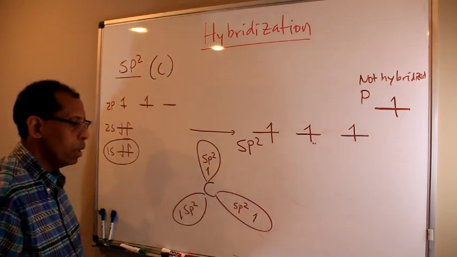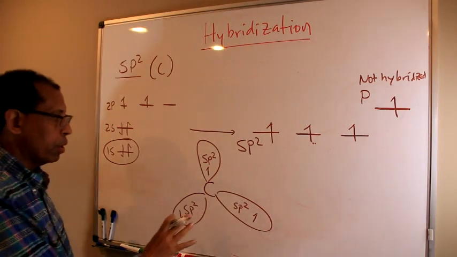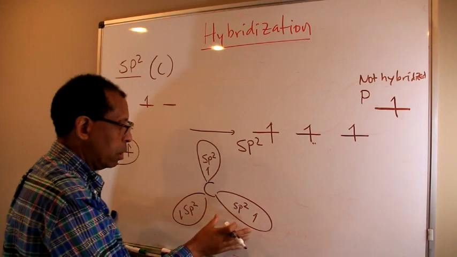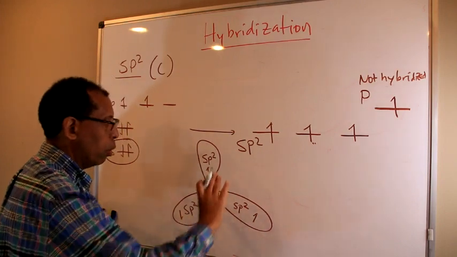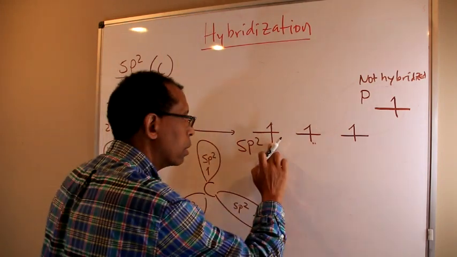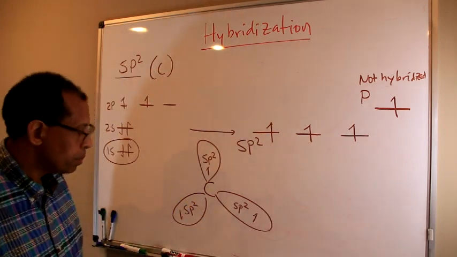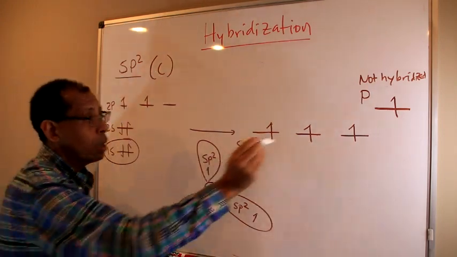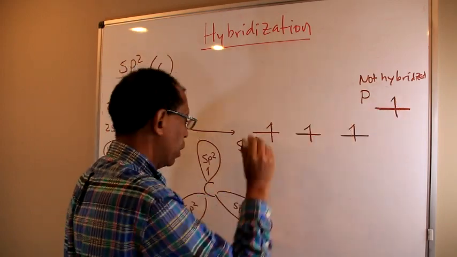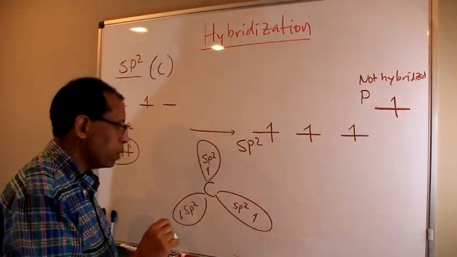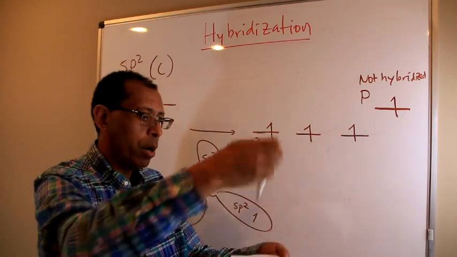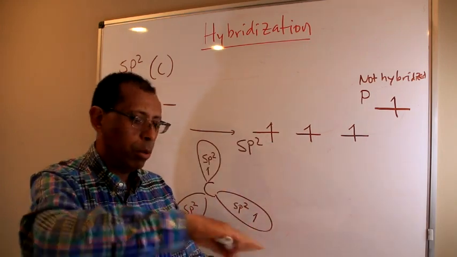But remember that, as I said, these sp2 are now hybrid orbitals. These are the ones which will be, for example, making a bond. But remember, there is a p orbital still on carbon. That p orbital is perpendicular to the sp2 orbitals.